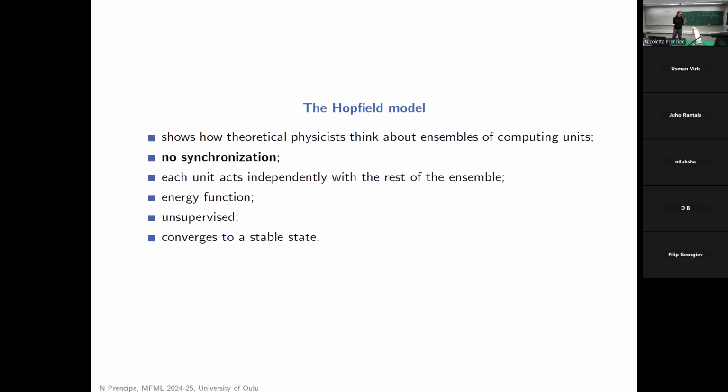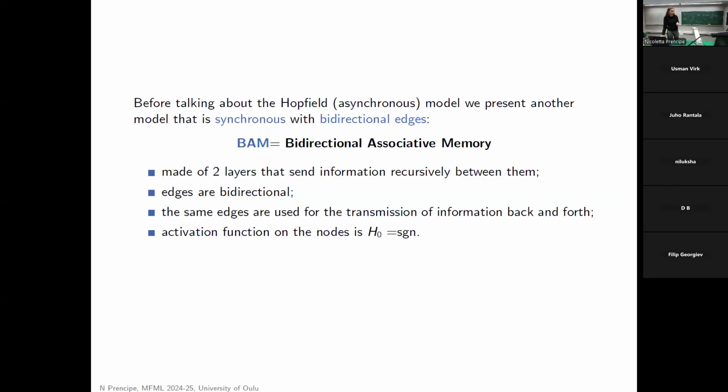Unsupervised, I said everything, more or less. Let's go there. I'm going to talk about something that is not like Hopfield networks. Hopfield networks are asynchronous, so everyone does everything at their own time. This model is useful for Hopfield networks for two reasons. The first one is that there will be an energy function in bidirectional associative memories.